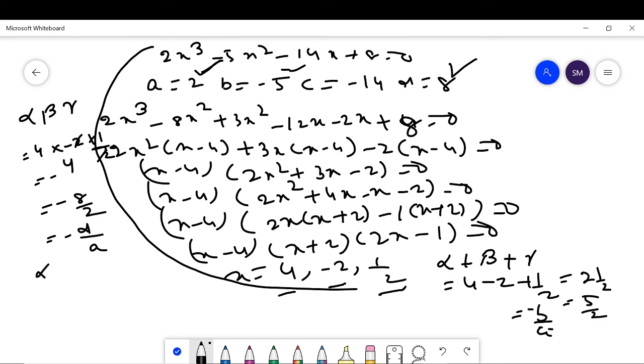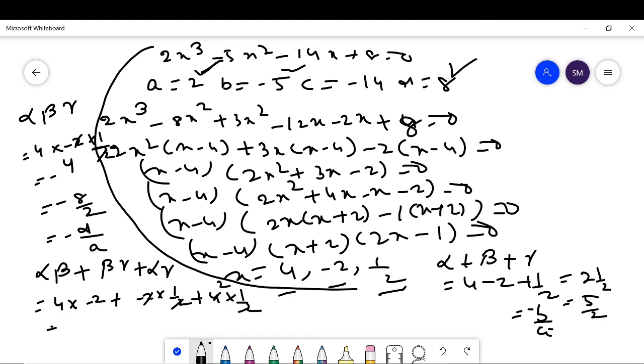Then take alpha into beta plus beta into gamma plus alpha into gamma. Here 4 into minus 2 plus minus 2 into 1 upon 2 plus 4 into 1 upon 2. 1 upon 2 cancels. This is minus 8 minus 1 plus 2, which is minus 7.